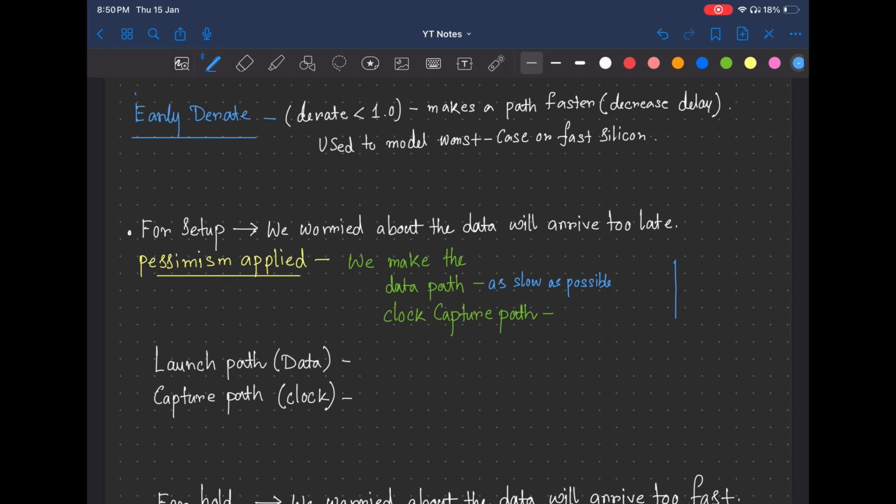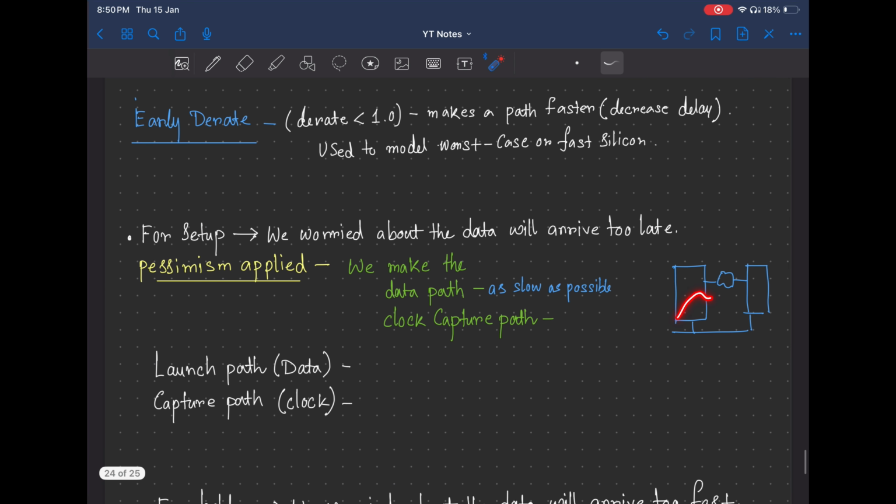If you remember this type of picture we discussed several times, there are two flops connected synchronously, and in between there is a combinational cloud. So this is the data path, or launch path, and this is the capture path. We make the data path as slow as possible and the clock capture path as fast as possible.